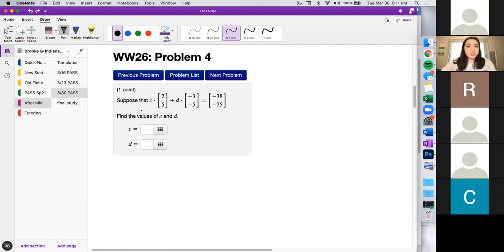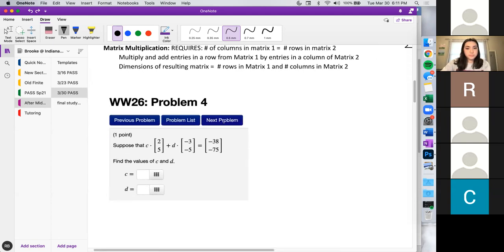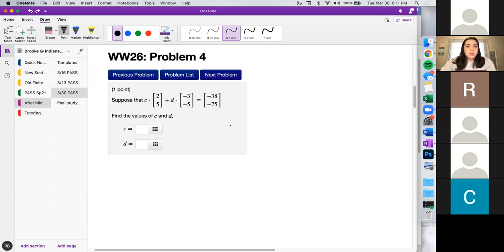All right, so now we're going to do some scalar multiplication to figure out C and D. We already have the end product and sum of this stuff. So think about how to go from here to -38 or to -75. If I wanted to figure out how to get -38, let's start on the left.